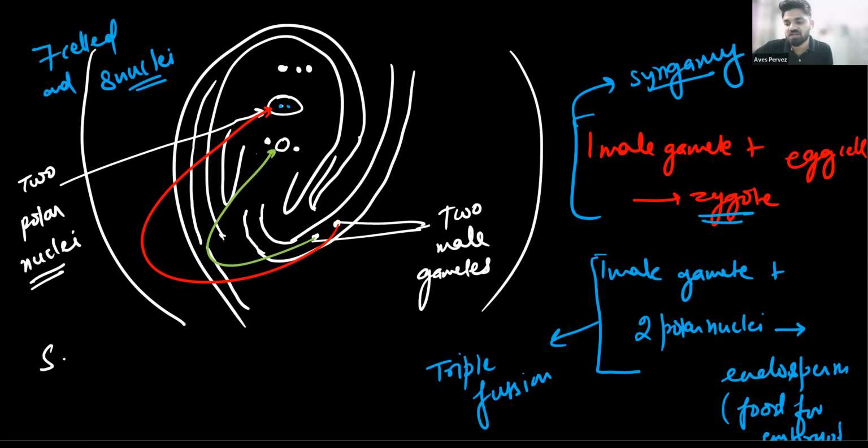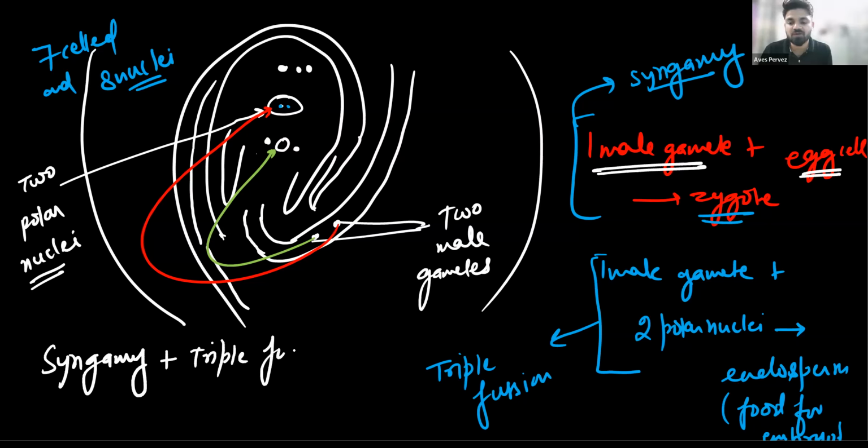So what is syngamy? Tell me, Abhi. What is syngamy? When one male gamete fuses with the egg cell to form zygote. This is called syngamy. And when another male gamete fuses with the 2 polar nuclei to form endosperm, this is called triple fusion.